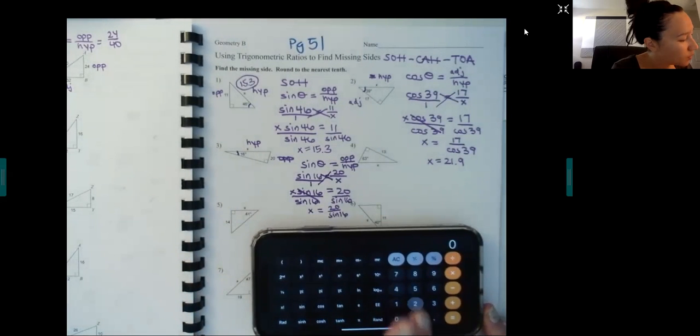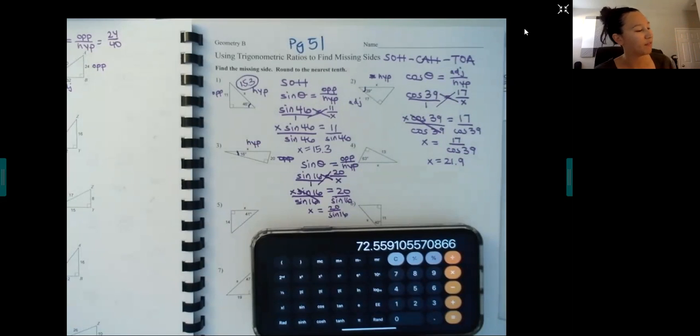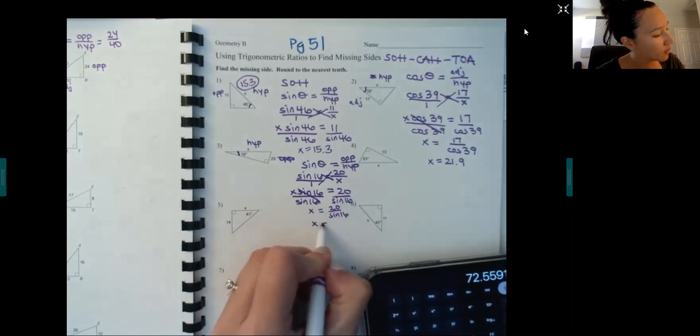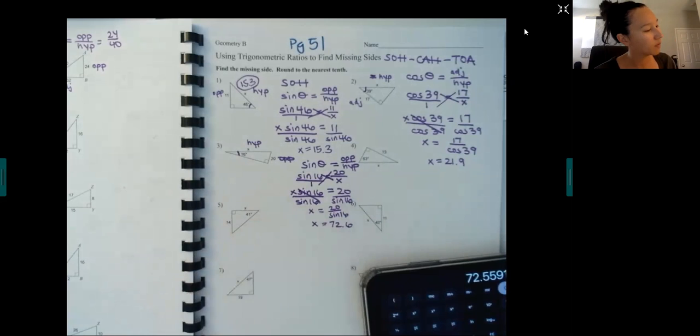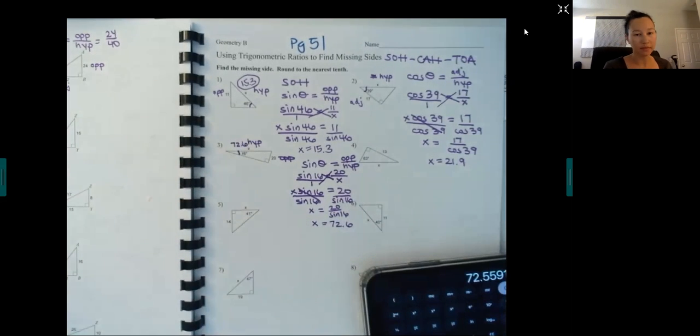So then we'll do 20 divided by, do the angle first, which is 16, and then sine, equals 72.55, which would round to 72.6. So this side is 72.6.